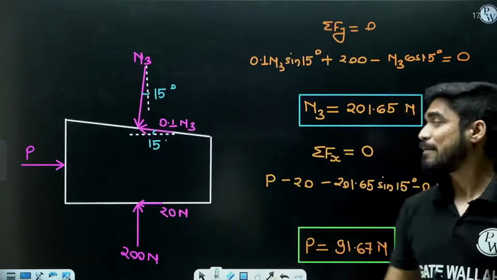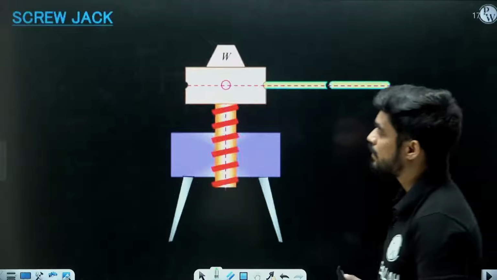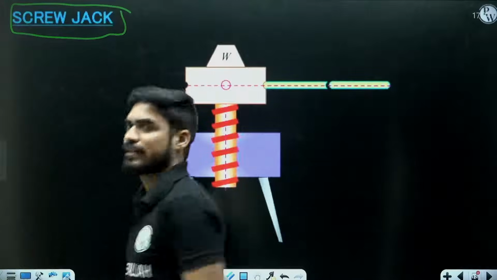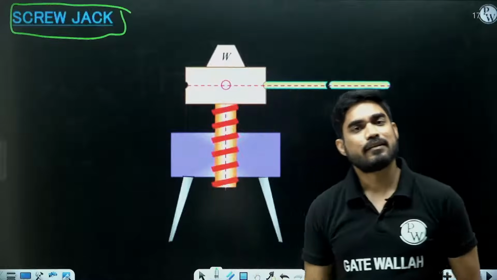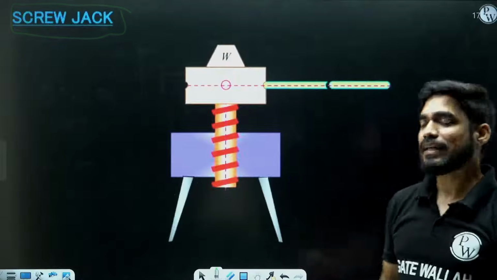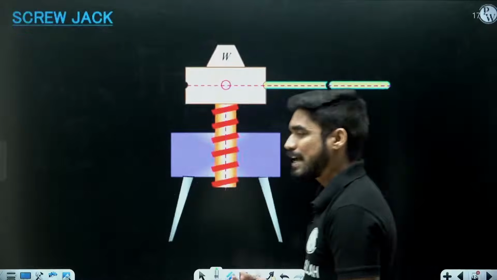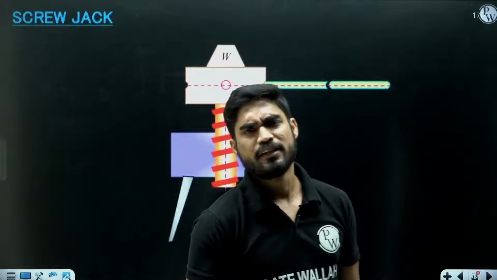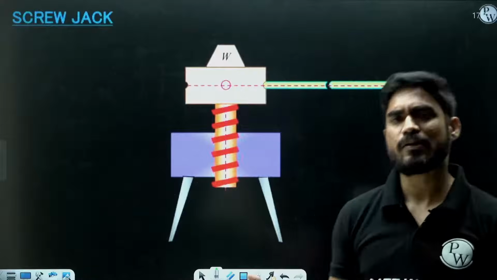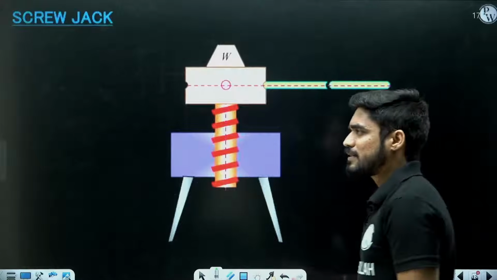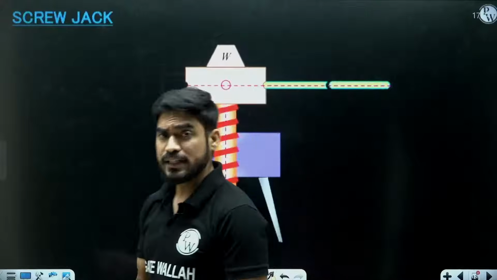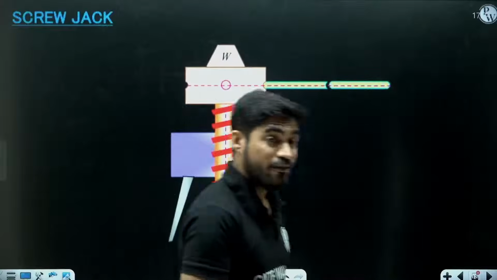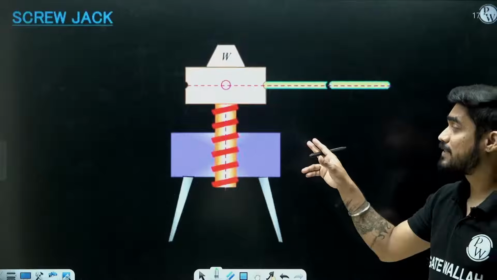And this next application of friction is known as screw jack. Now what do we mean by a screw jack? See, I told you that earlier when we did not have sophisticated devices in order to lift heavy weights, we use simple machines. Okay, one of those machines is known as pulley, then we have wedges, and now we also have screw jacks.